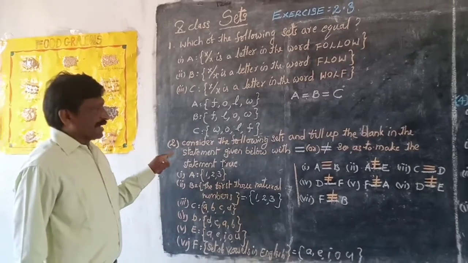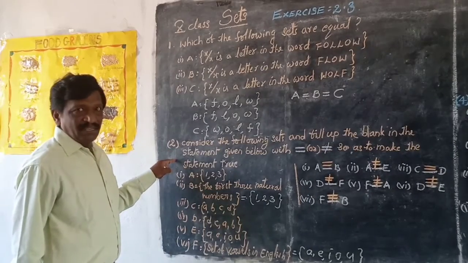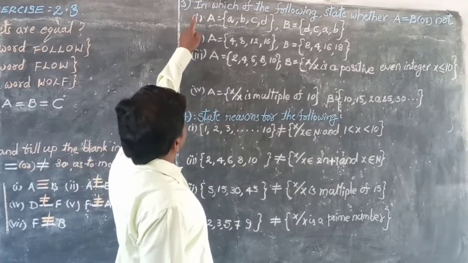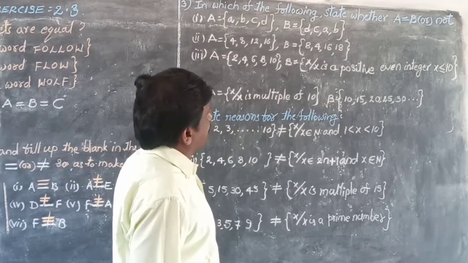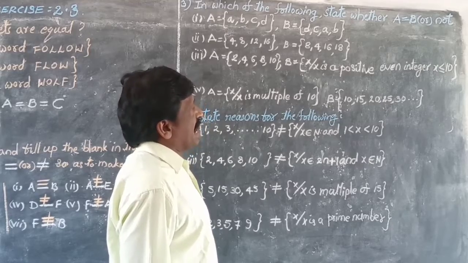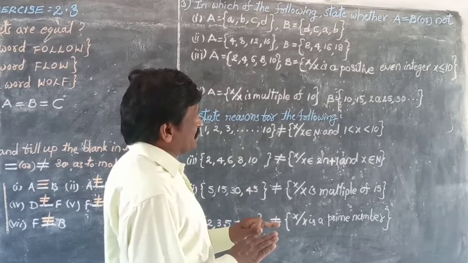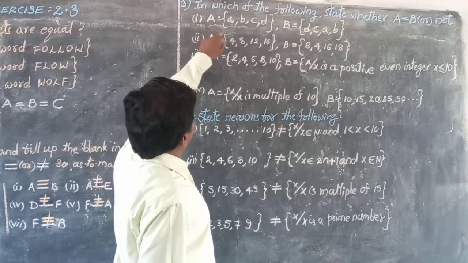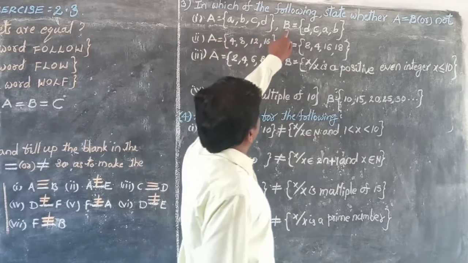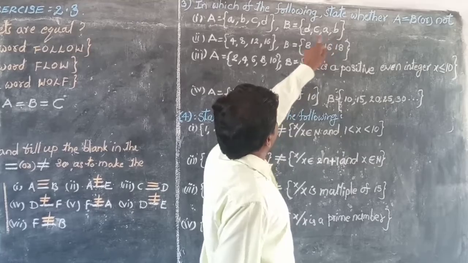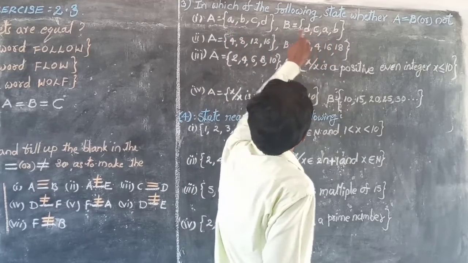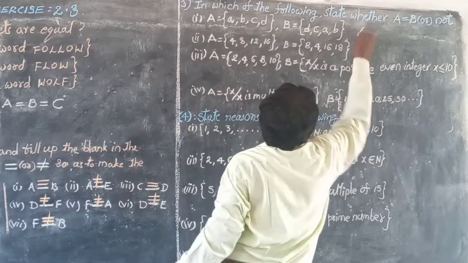So next, Roman 3. In each of the following, state whether A is equal to B or not. Equal sets or non-equal sets. First, A: A, B, C, D. B: D, C, A, B. So A, B, C, D and A, B, C, D, they are equal sets.